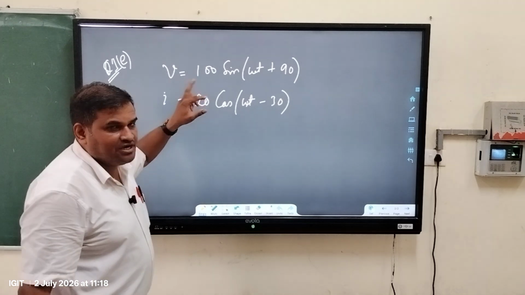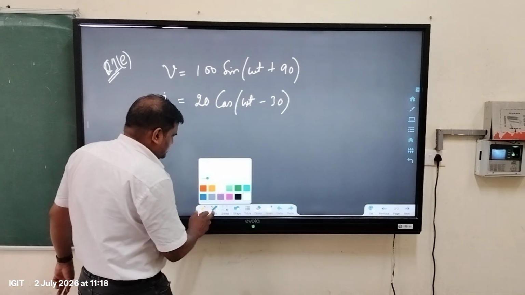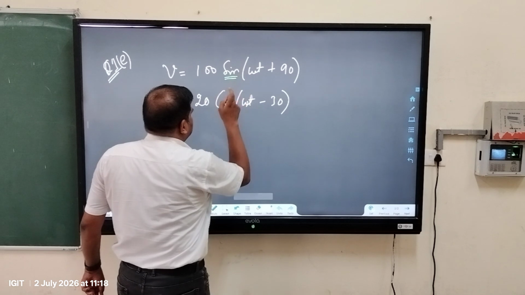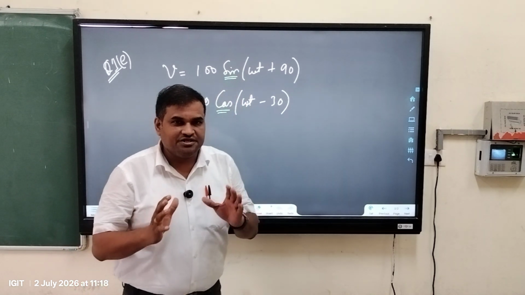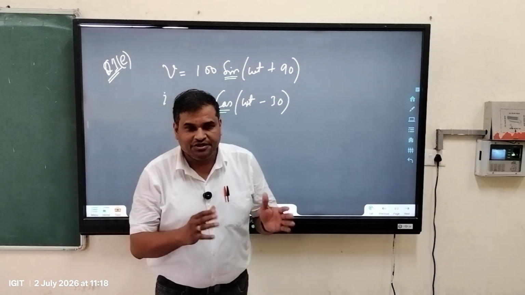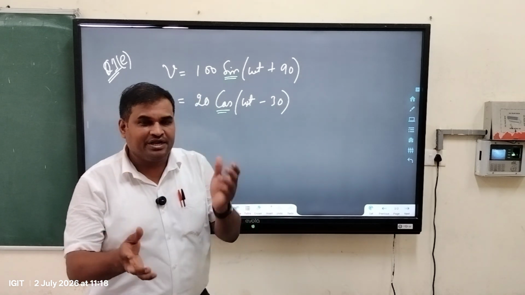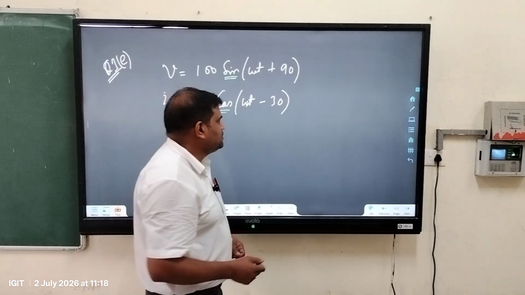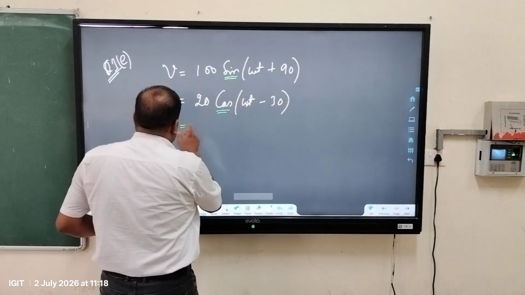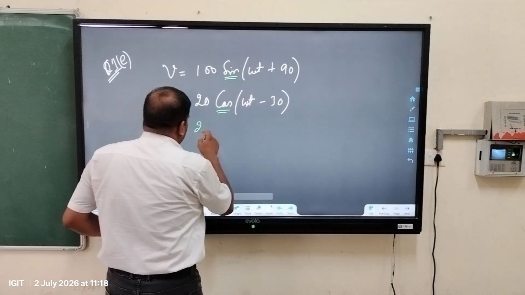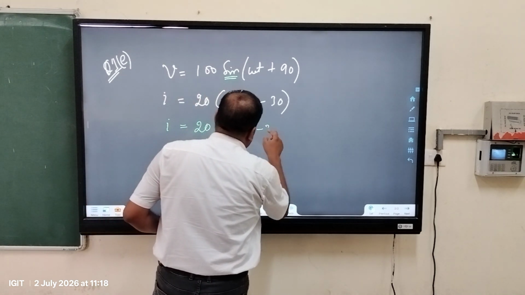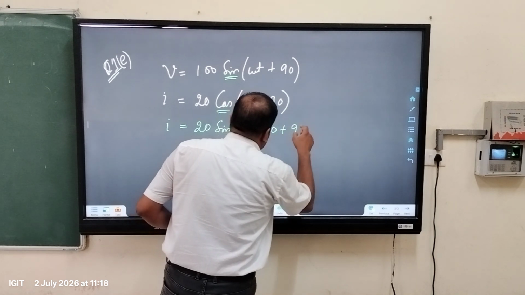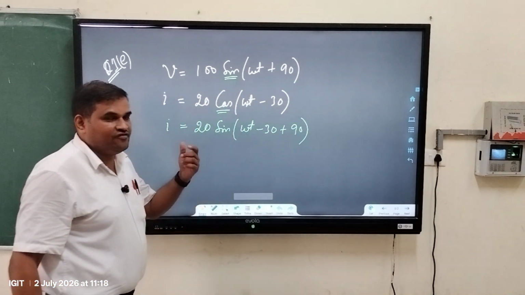This problem has one trick. The trick is that the voltage is mentioned in sine and the current is mentioned in cos. So you have to convert this into any one variable. Either you can convert both in sine or you can convert both in cos. If I convert this current in terms of sine, it will be 20 sine of omega t plus 90 when it is converted into sine.